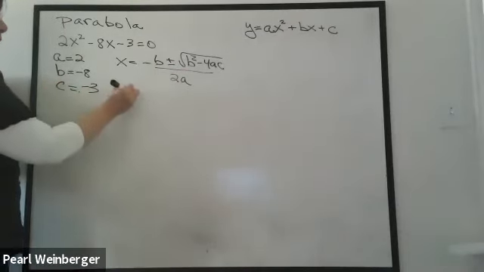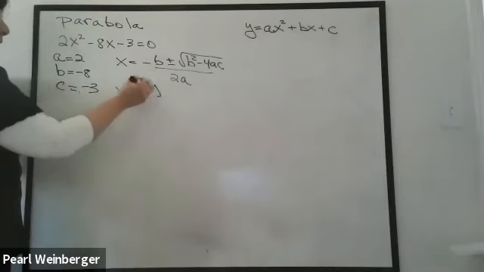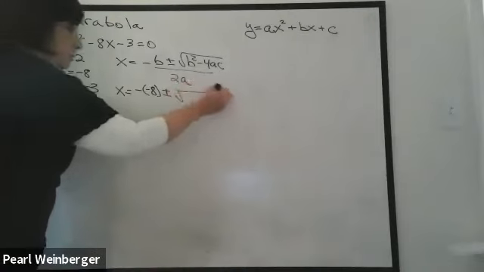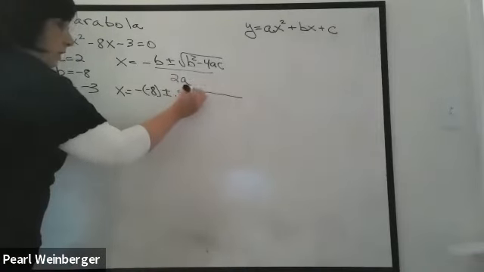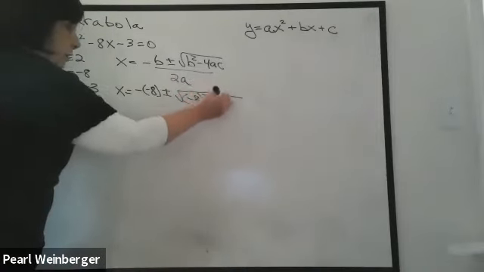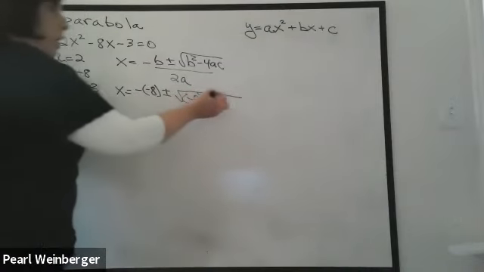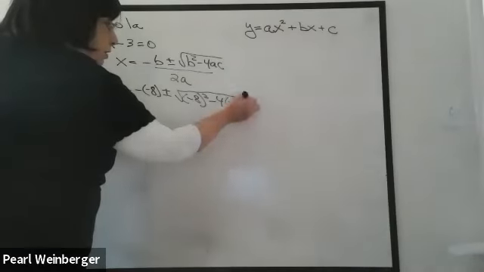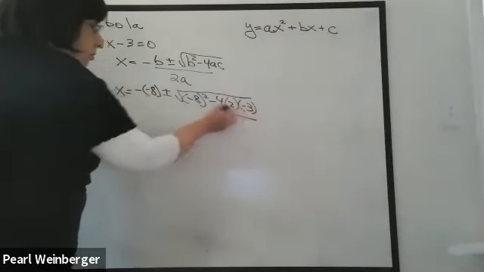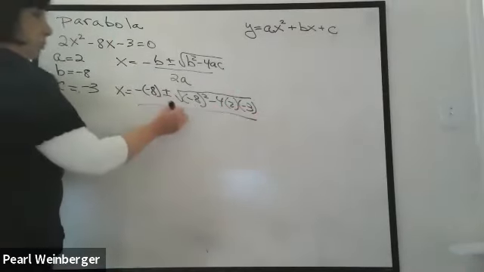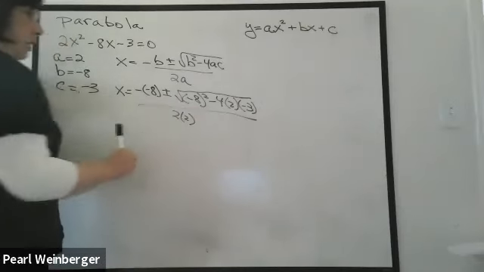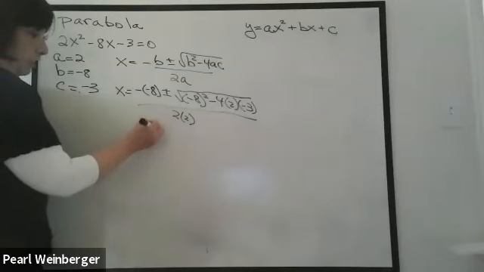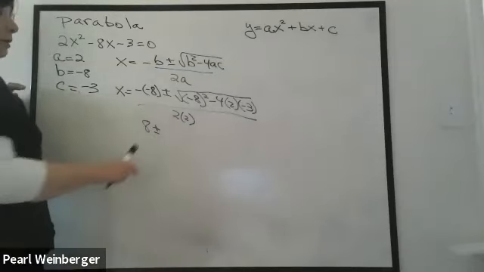So my x is going to be, here's my b, negative 8 plus or minus, here's my square root, negative 8 squared minus 4 times 2 times negative 3, all over 2 times 2. And we simplify. Negative and negative gives me positive 8 plus or minus.